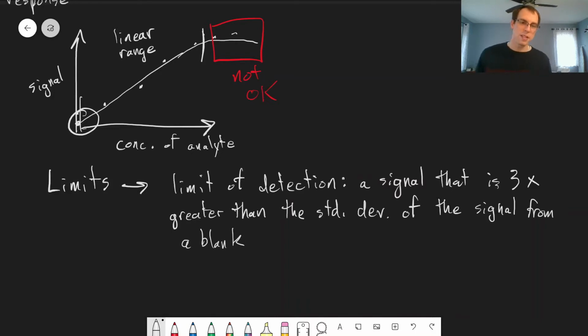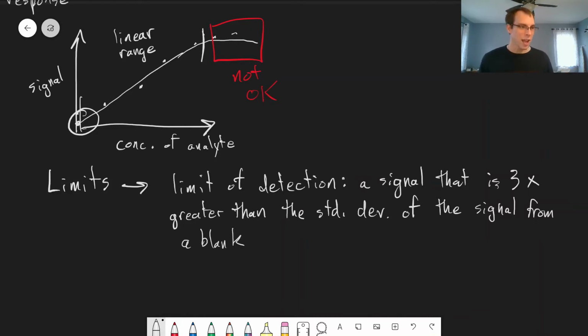Basically, if there's nothing present, you're going to get a certain amount of signal out that will usually be a little bit bigger than 0. And if you take the standard deviation, you do that measurement of your blank several times, that gives you the range of differences in that value you'd expect. And if your signal is 3 times larger than that standard deviation, we say, okay, there's something there. That's our limit of detection. Basically, we're saying it is 3 standard deviations above what you'd expect for nothing to be present.